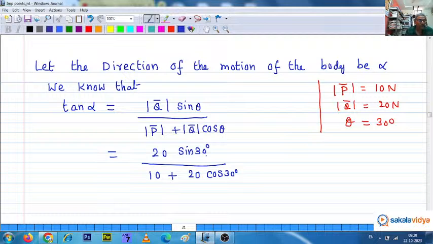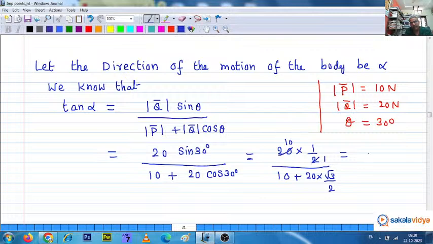So let us substitute now. If you substitute, what do you get now? 20 times 1 by 2. Remember once again, sin 30 degrees is equal to 1 upon 2. 10 plus 20 times root 3 by 2. So we need to simplify. 20 times 1 by 2 is 10. So you will be getting 10 upon 10 plus 10 times root 3, that is 10 into 1.732.